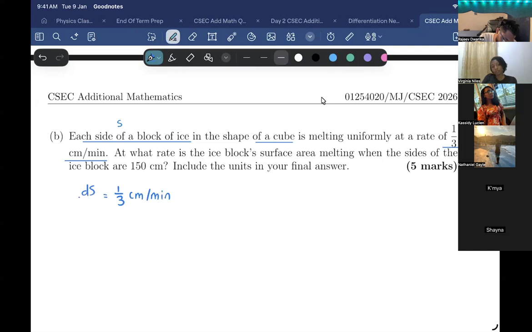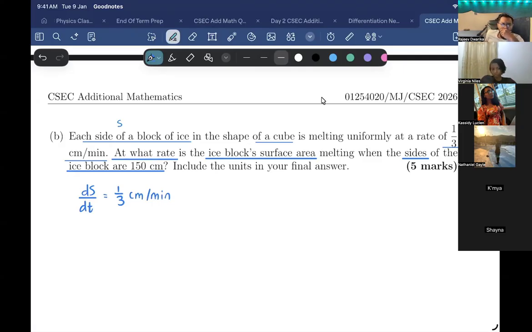At what rate is the ice block's surface area melting when the sides of the ice block are 150 centimeters? Okay. Then they say include the units in your final answer.